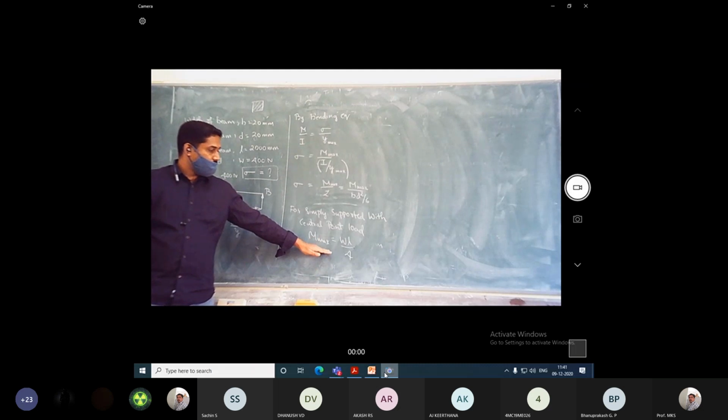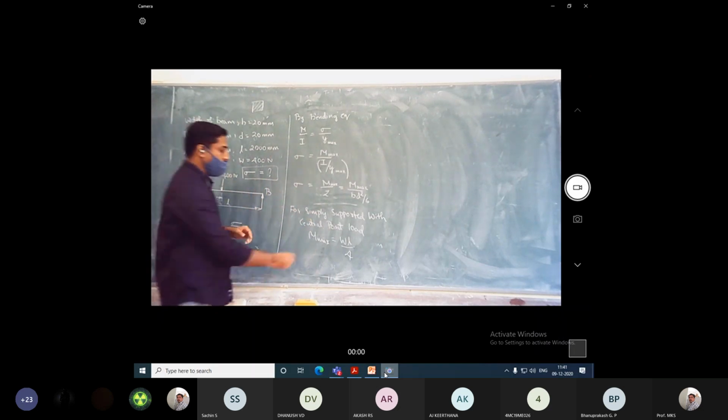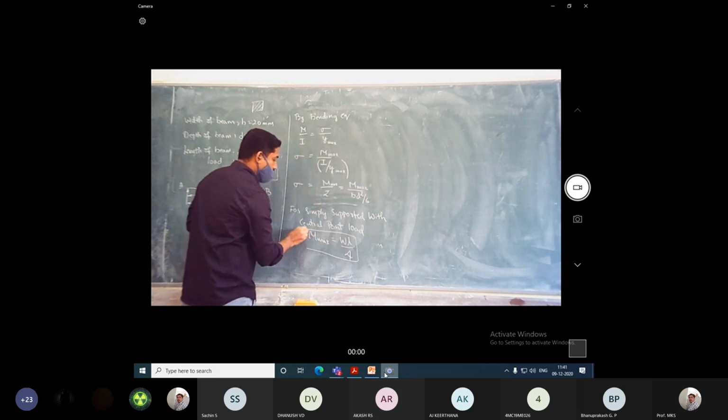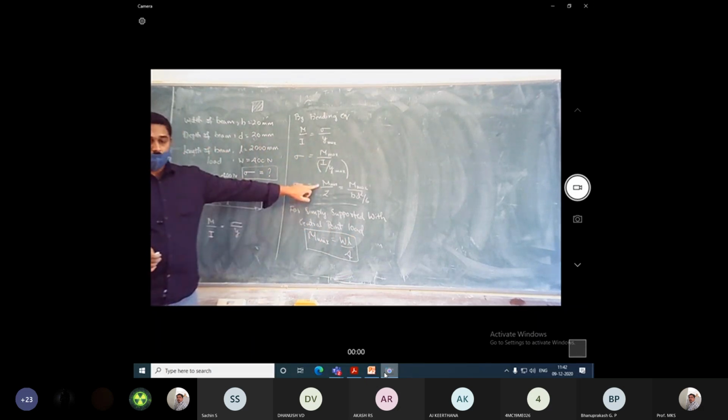In the first part of module 3, we have derived the equations, that is bending moment and shear force diagrams. In the bending moment diagram, you can see the maximum moment value is WL by 4 for a simply supported beam with central point load. You remember this and substitute for M max.